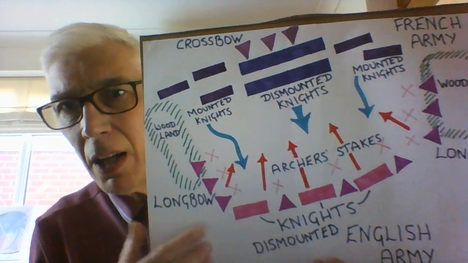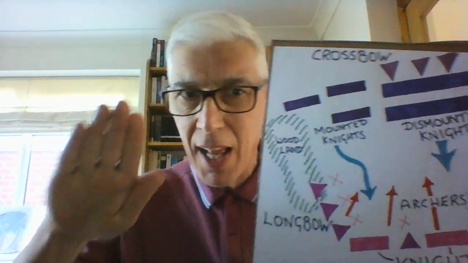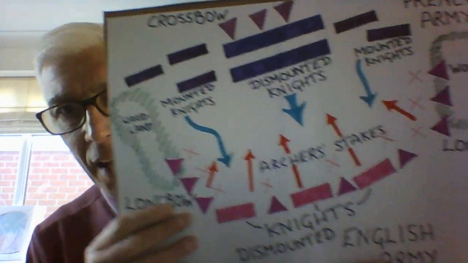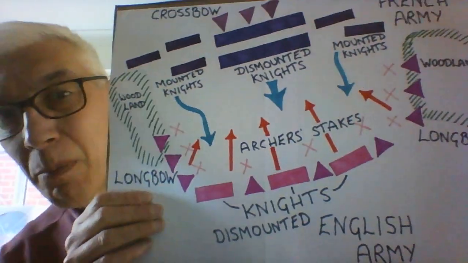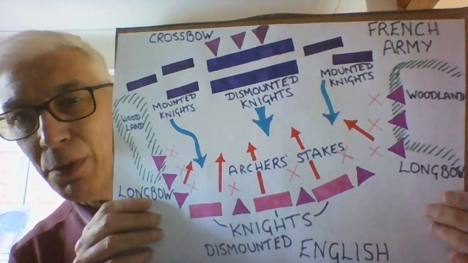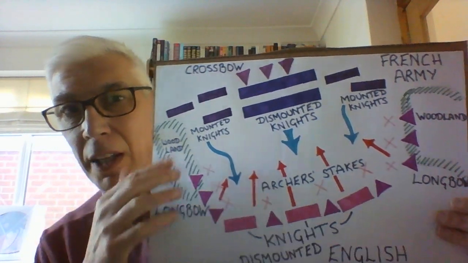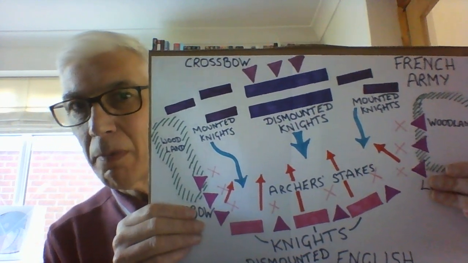In front of the archers, Henry gets his men to put wooden stakes aimed forward for protection. That was a very, very good defensive position. So Henry V has done his best. He's outnumbered, his men are tired and weak, but he set them up in a good defensive position.